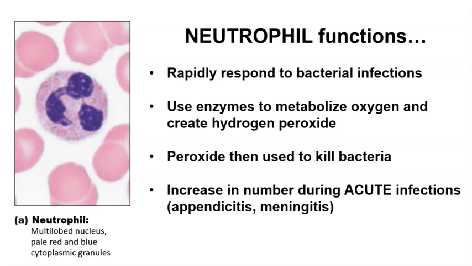They make use of enzymes that metabolize oxygen, and in metabolizing oxygen, they create hydrogen peroxide from it. And hydrogen peroxide is extremely toxic, and it's used by the neutrophils to kill the bacteria that they're attacking. We will often see an increase in the number of neutrophils during inflammation or also during acute bacterial infections, such as things like appendicitis or meningitis.